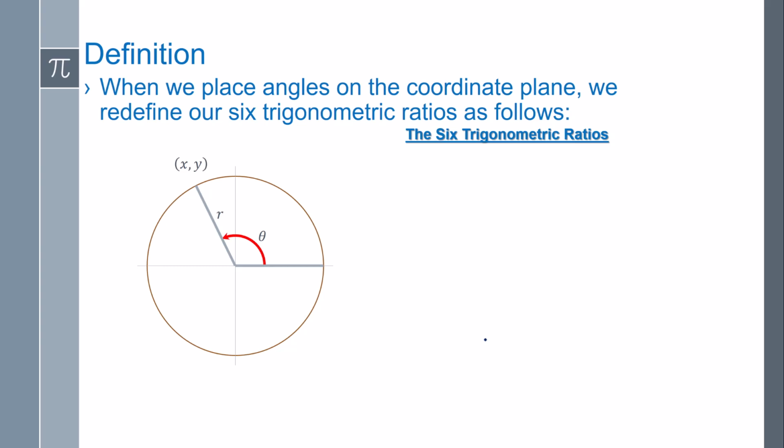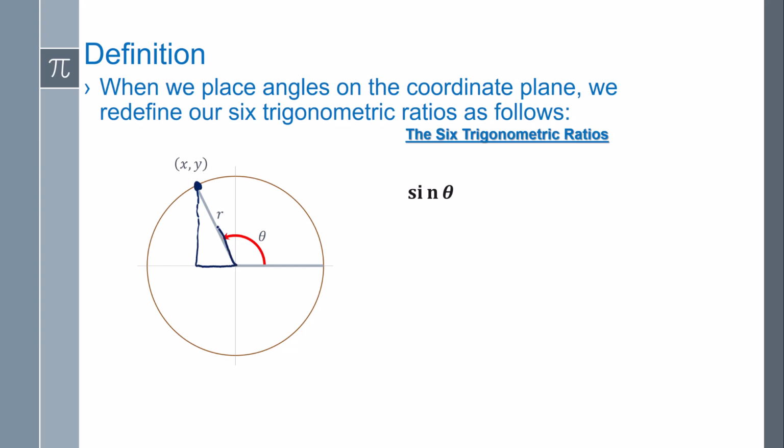So let's take a look at how sine and cosine and tangent and its reciprocals relate to this coordinate. If I draw a coordinate, x and y, we're able to create this reference triangle.